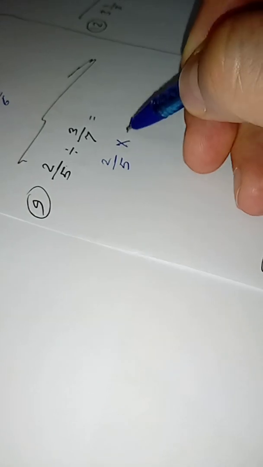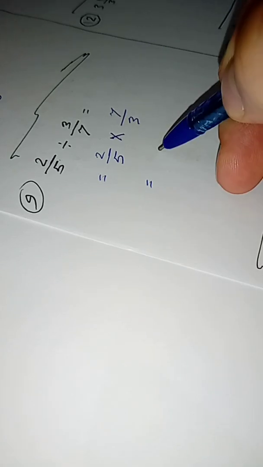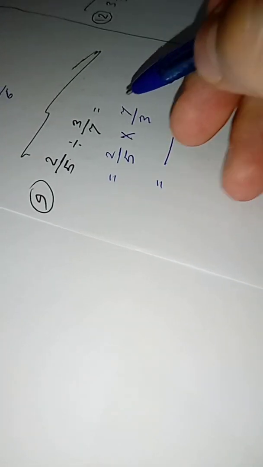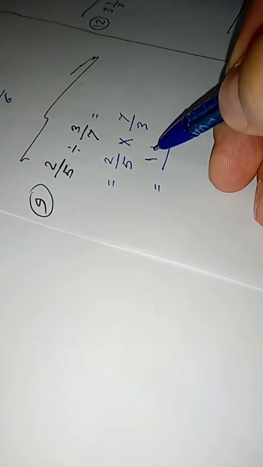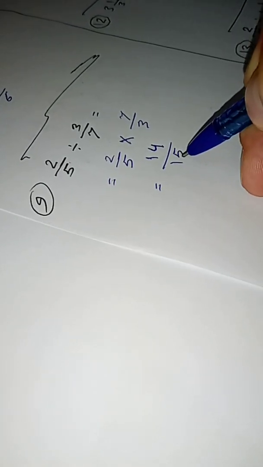Then change from divide to multiply. Then flip. Put 7 up and 3 down. Now you have multiply. 2 times 7 will be 14. 5 times 3 will be 15. This is simplified. We cannot do here simplest form.